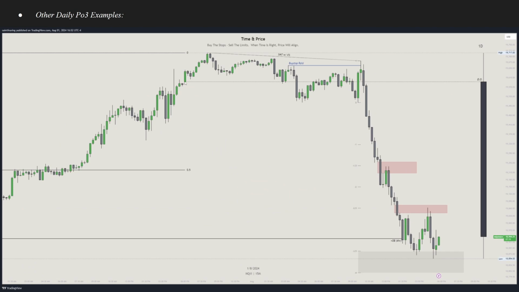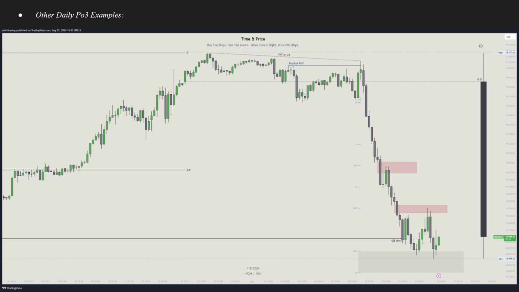market open, accumulates, I believe this is 9:30. Yeah, it looks like it. 9:30, manipulation, SMT at the current highs, displacement down.